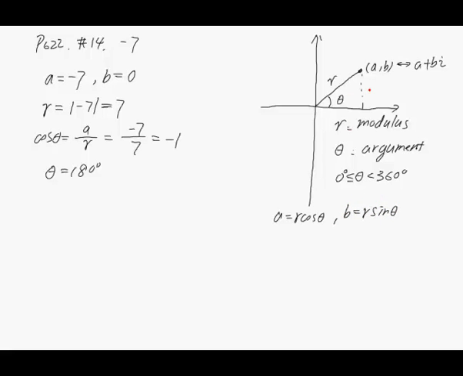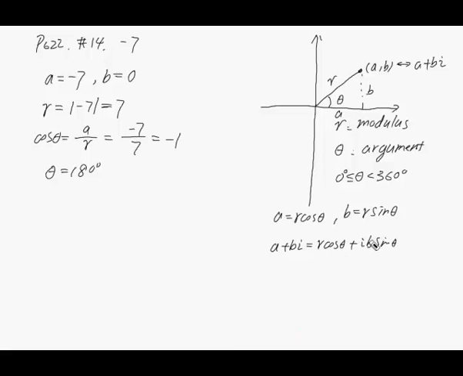In this right triangle, this side is b and this side is a. So you can rewrite a and b in terms of r and theta. So now a plus bi is equal to r times cosine theta plus i times r times sine theta.